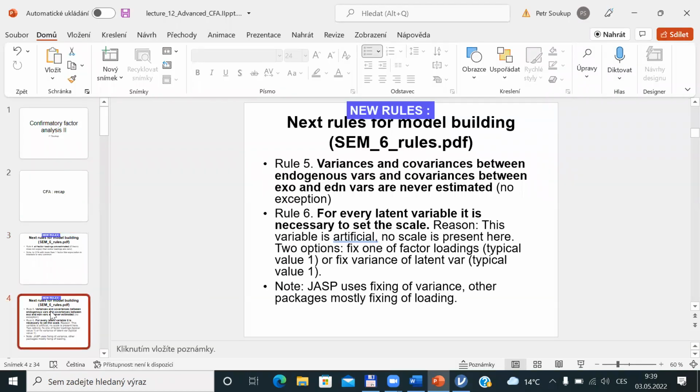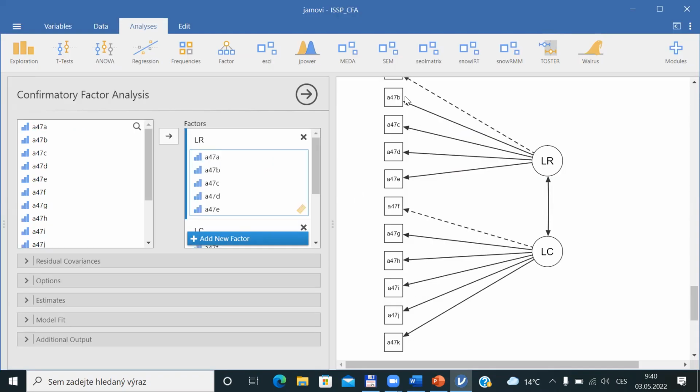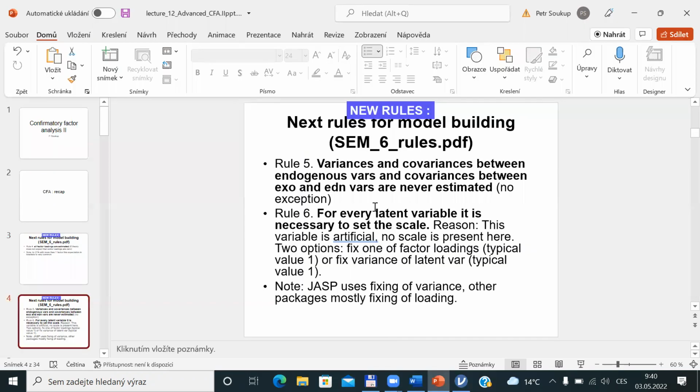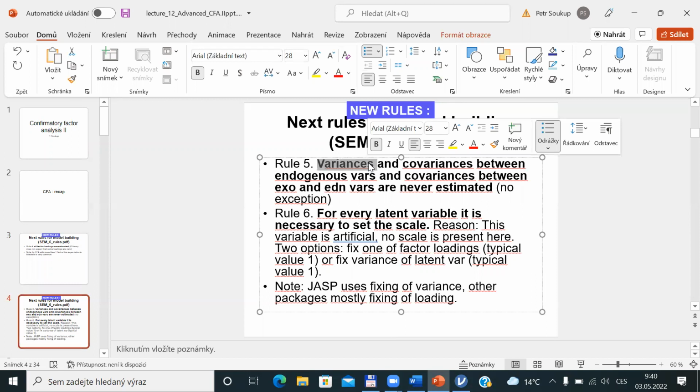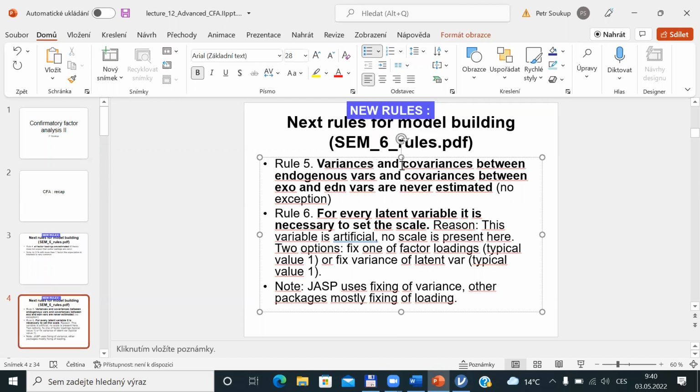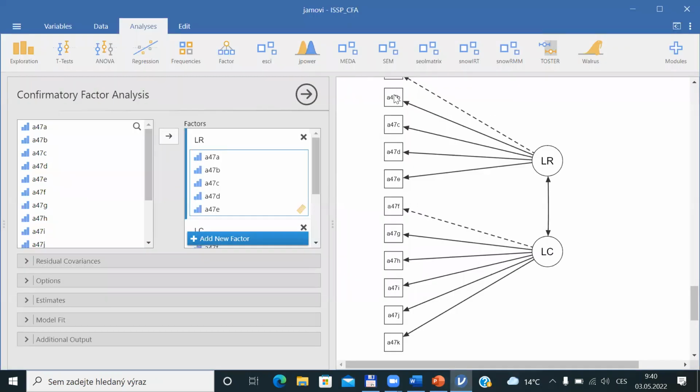Rule number 5 says that if we have some model, then for endogenous variables, in our case mainly these individual indicators, A47A up to A47K, there is no chance to estimate variance. And there is also no chance to add covariances for these endogenous variables.